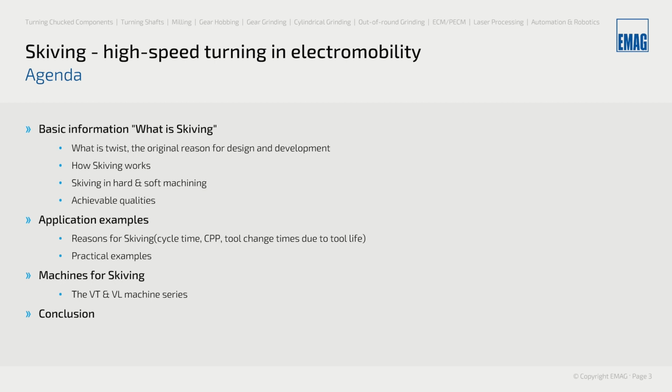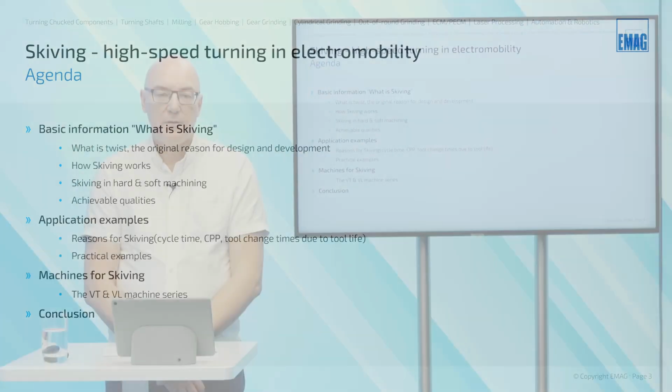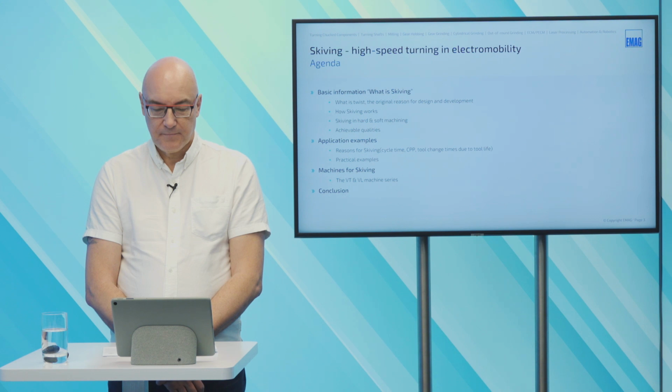After that, some application examples, further reasons for the skiving process, maybe cycle time, cost per piece, and so on, and some practical examples. After it, we have a short look at the machines we use for the skiving process, and at last we will have a conclusion.